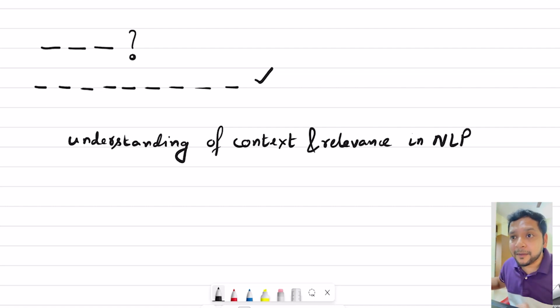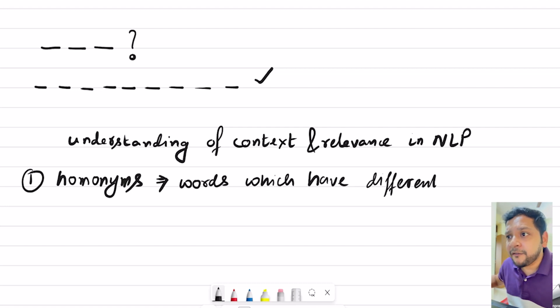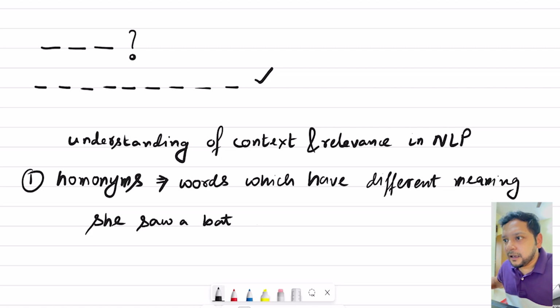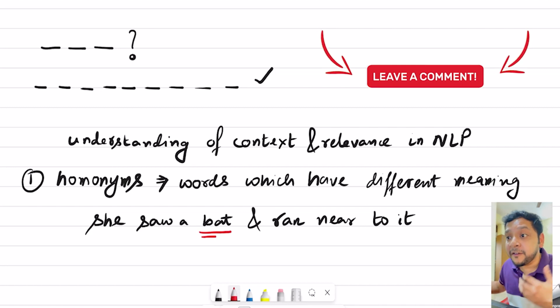Let me give you examples of homonyms. Homonyms are words which have two different meanings. Let me give you an example so that you can understand in a better way. She saw a bat and ran near to it. Here the word bat can have different meanings.